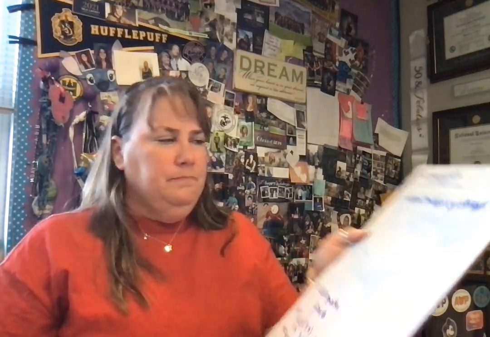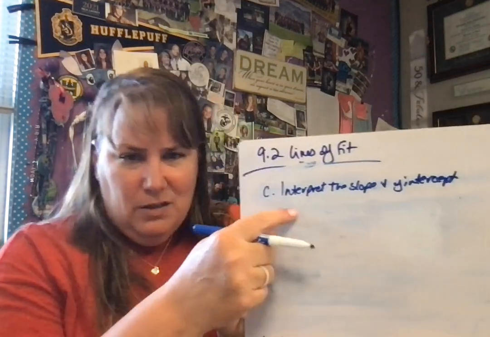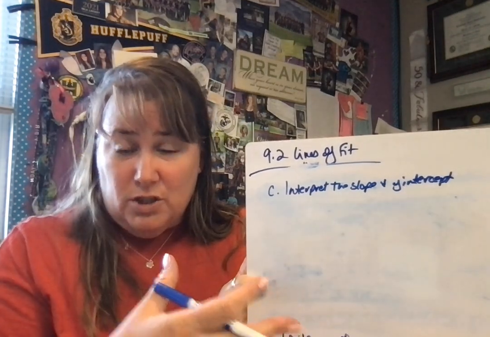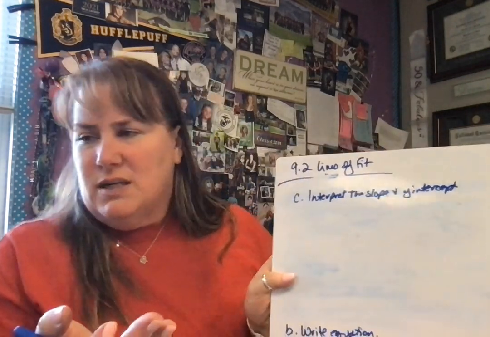This is the hardest part because we don't do it much and we don't get a lot of practice of it. When you interpret something, you're putting it in a different language. You're interpreting numbers into words. You're putting meaning behind what these numbers mean.